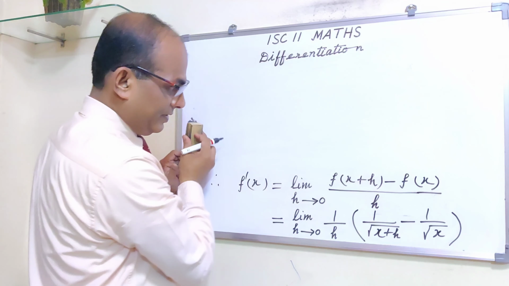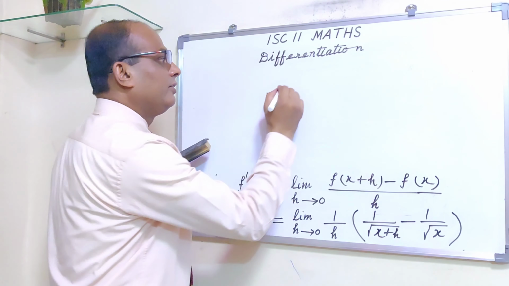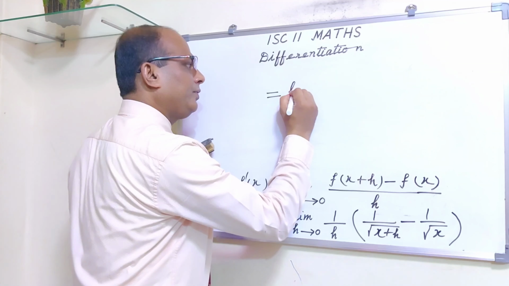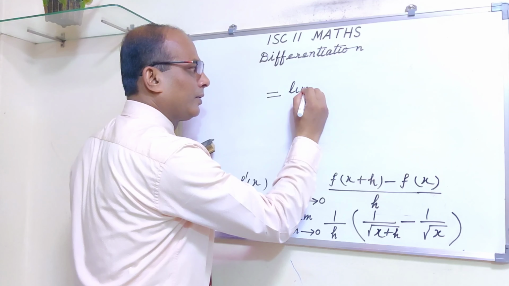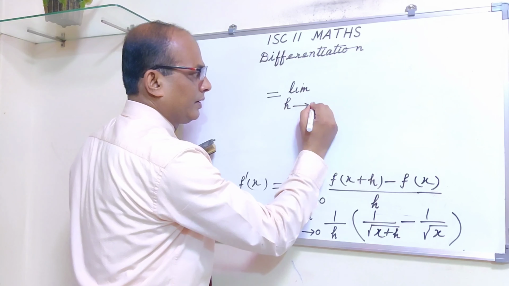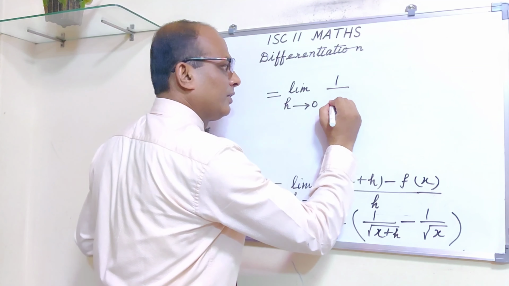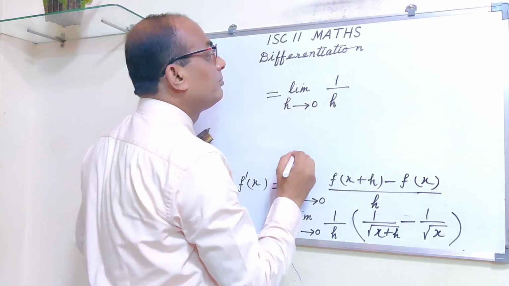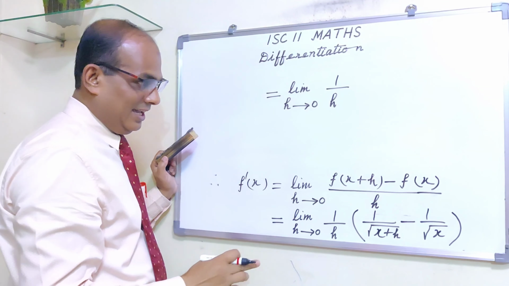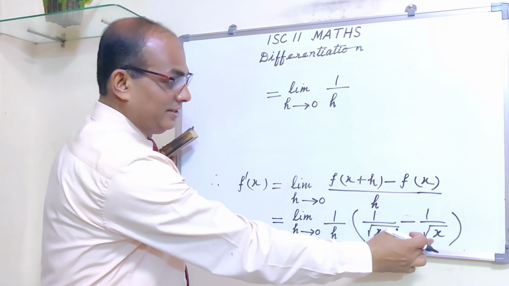So that is equal to limit h tending to 0, 1 upon h, and here the LCM will be this into this.